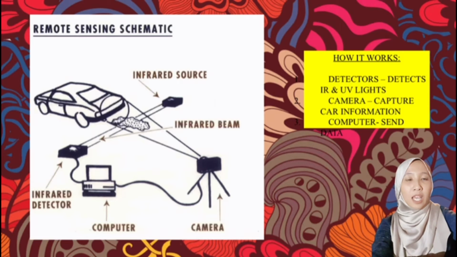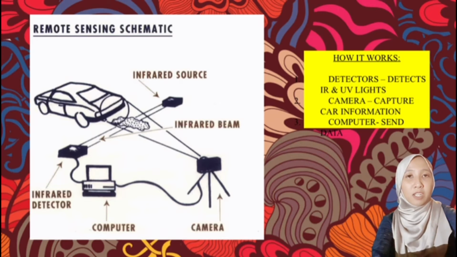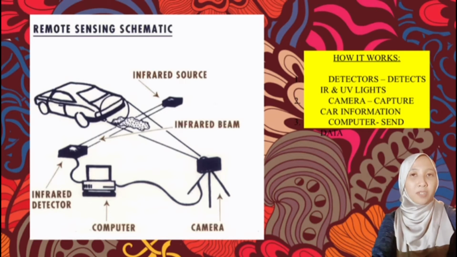The observation analyzer then turns this data into data that can be converted into identifiable gas readings by roadside sensing computers. Finally, cars that violate remote sensing criteria will be issued a notice of violation.